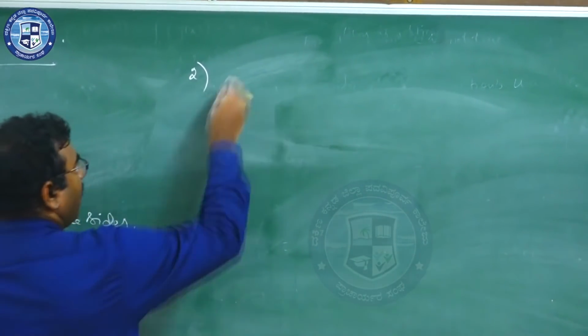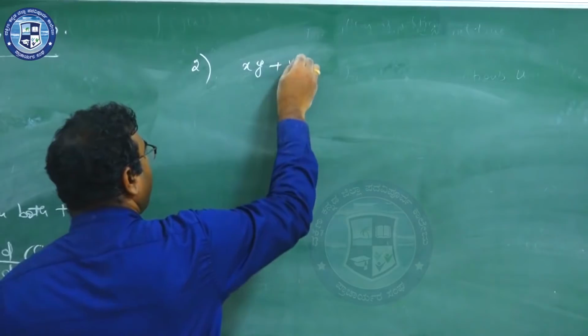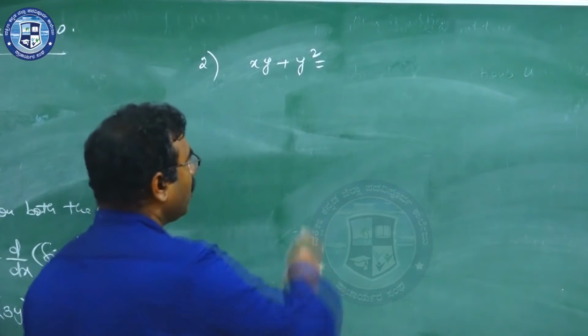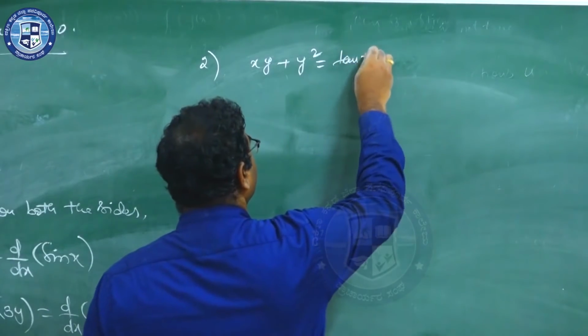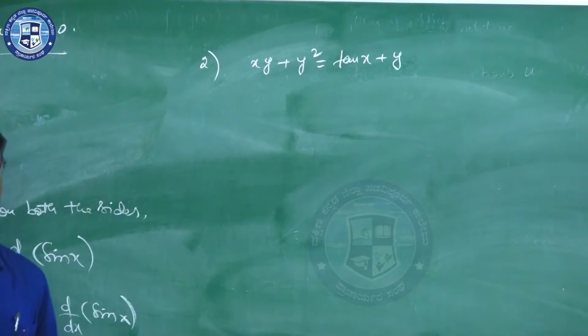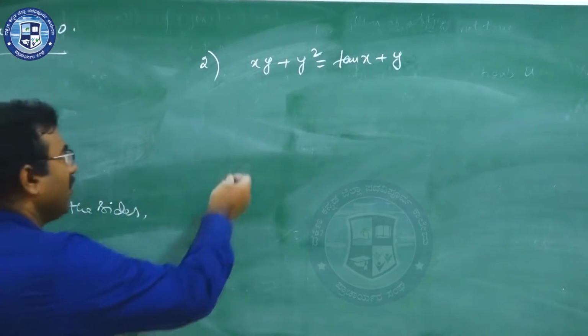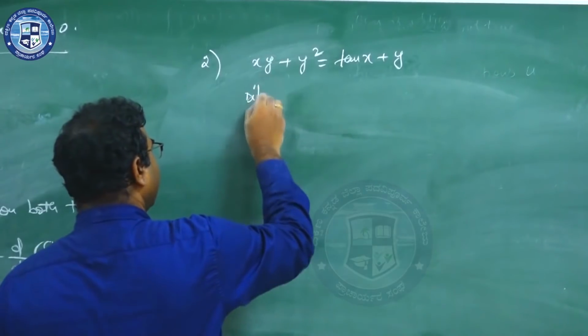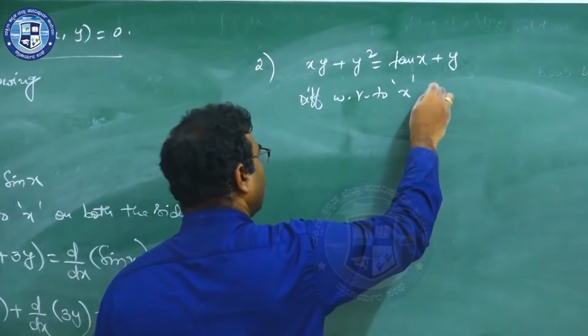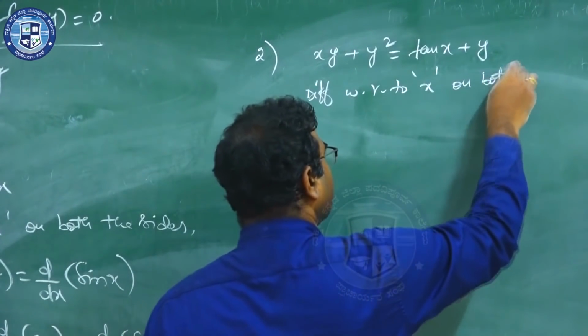xy plus y squared is equal to tan x plus y. We need to find dy by dx for this. What do we do? Again the same thing, differentiate with respect to x on both the sides.